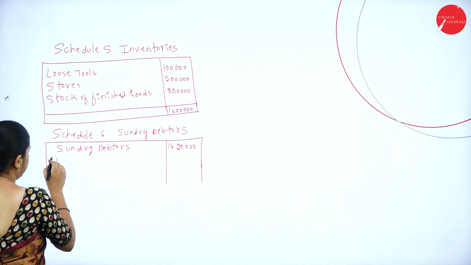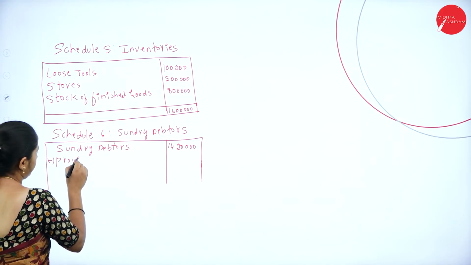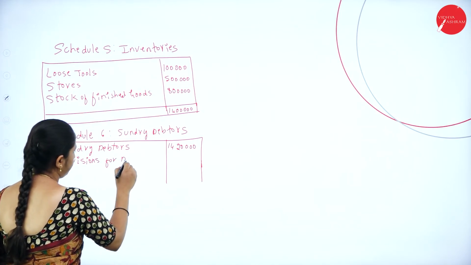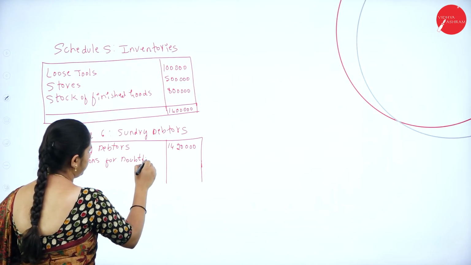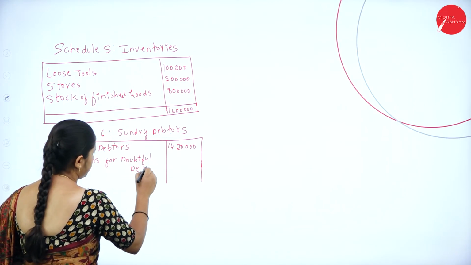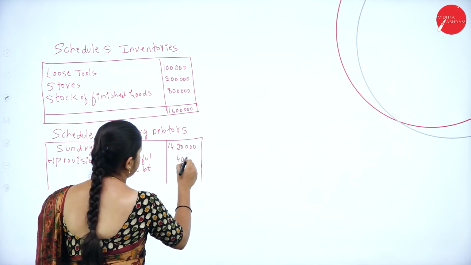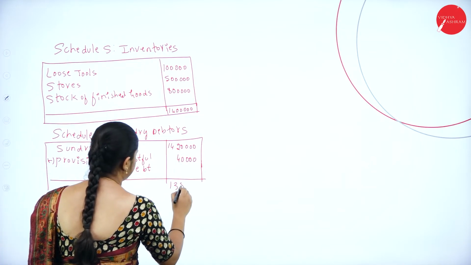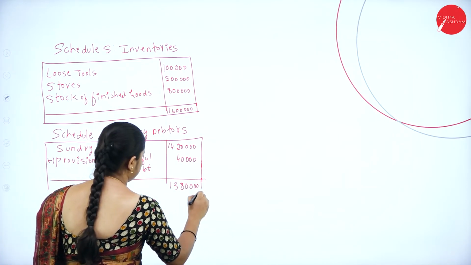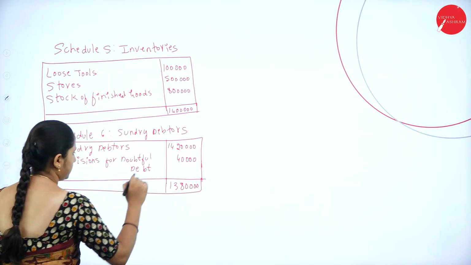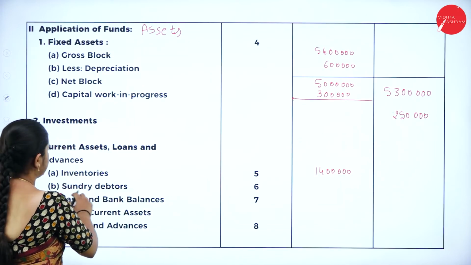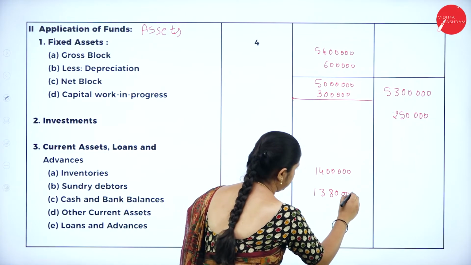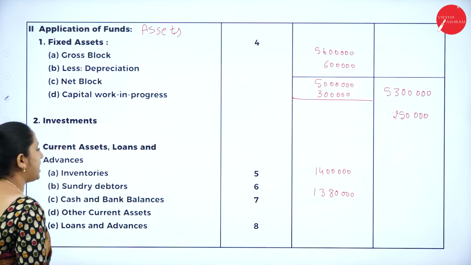Next, less provision for doubtful debt. Provision for doubtful debt 40,000. So 13 lakh 80,000. Sundry debtors is 13 lakh 80,000. Next, cash and bank balance.